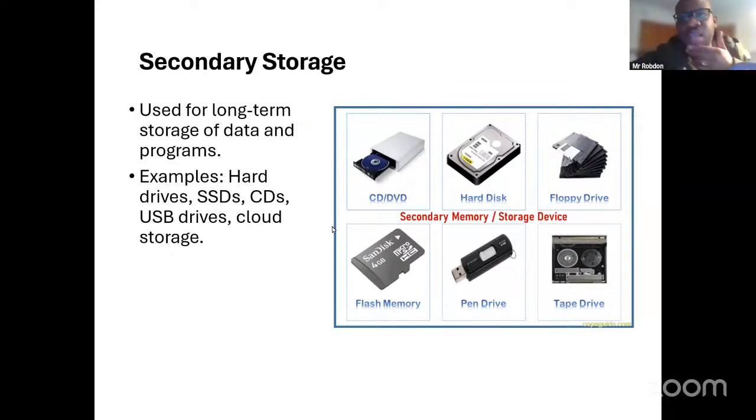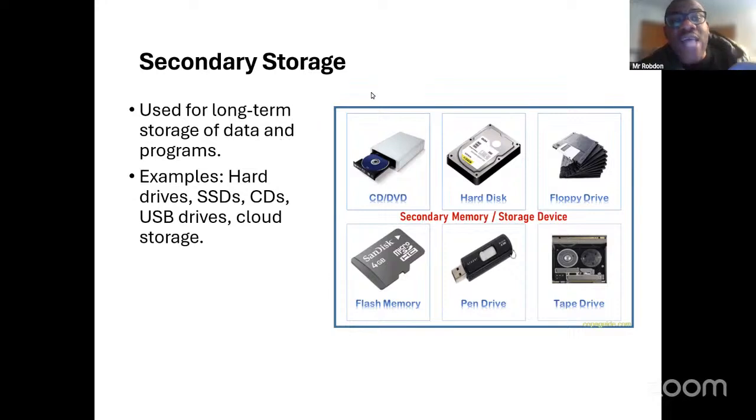In the meantime, remember we don't only need to store startup instructions, so we need something more than ROM. And we don't want to store our programs and our data only temporarily while the computer is on, because that would be catastrophic.